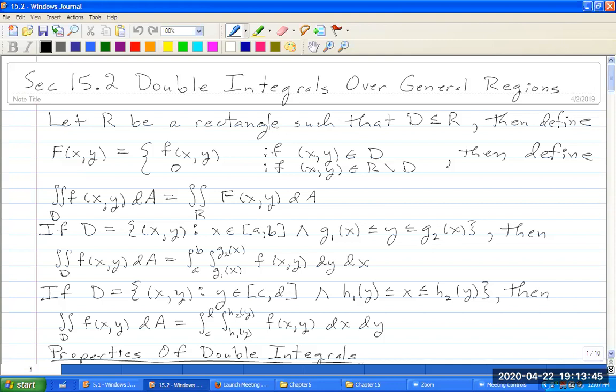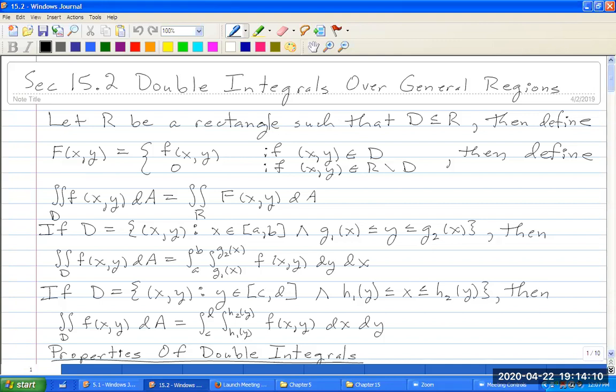One where I first integrate with respect to Y and then with respect to X, or vice versa, where I first integrate with respect to X and then with respect to Y.